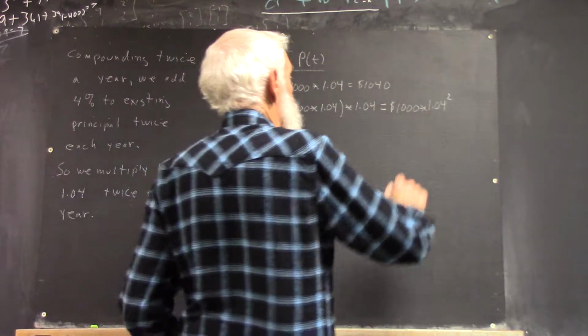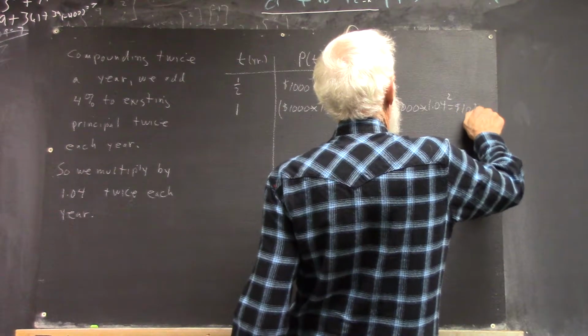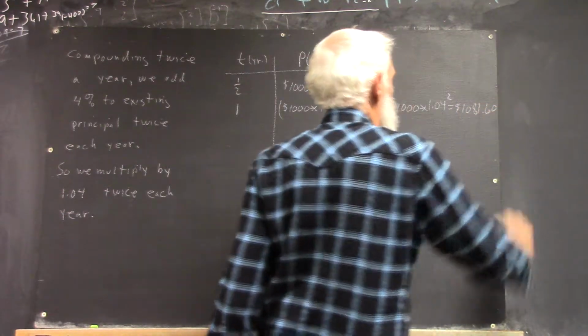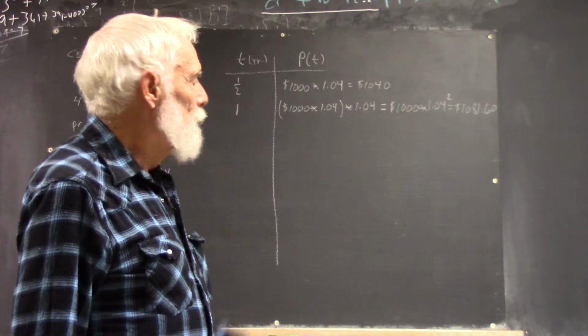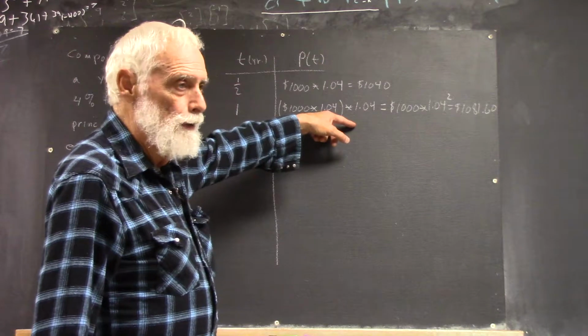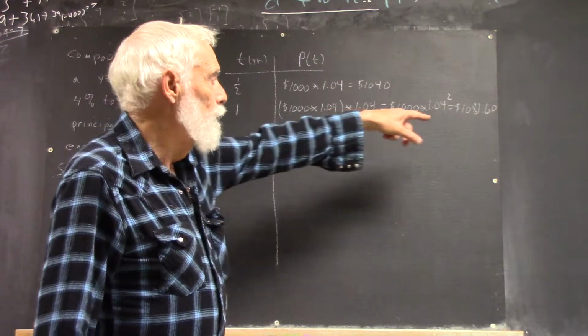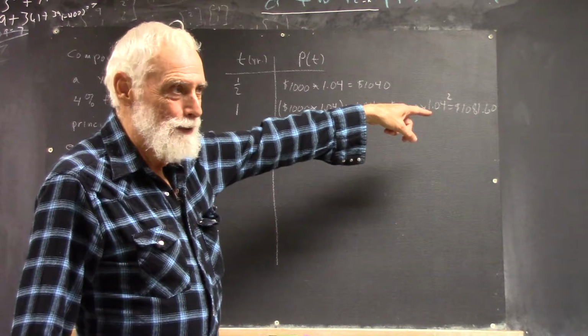And that turns out to be, I think, $1,081.60. So by compounding my interest twice in the year, I made a whole $1.60 that I wouldn't have made otherwise.